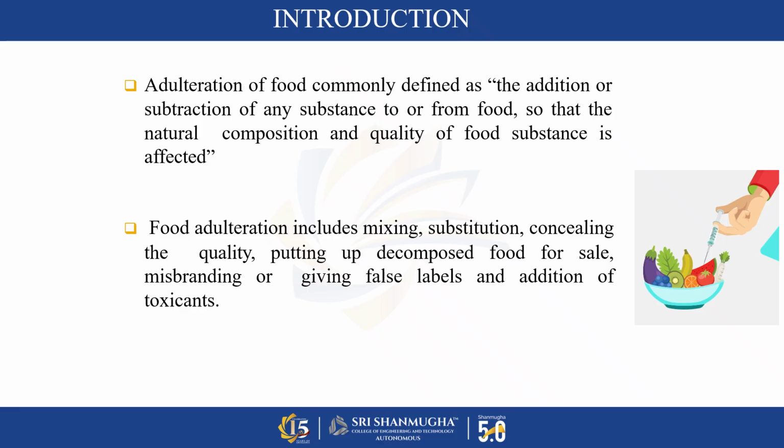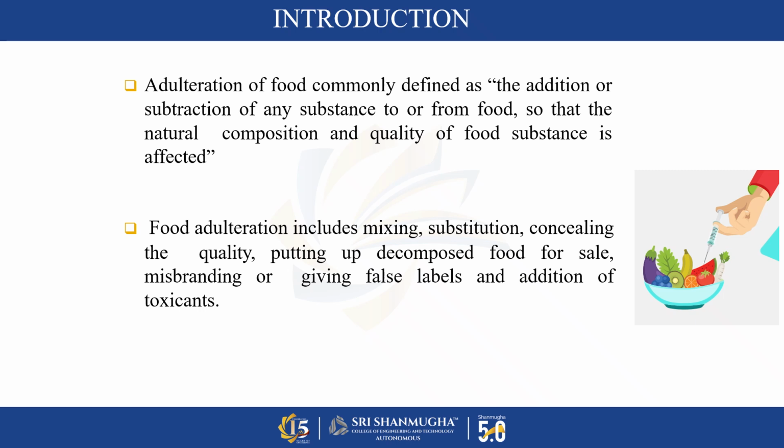Usually, food adulteration is defined as the addition or subtraction of any substance to or from food which changes its natural composition and reduces its quality. It means making the food impure by adding or removing substances. It includes mixing, substitution, hiding the quality, sometimes selling spoiled food, false labeling, and sometimes adding harmful chemicals.